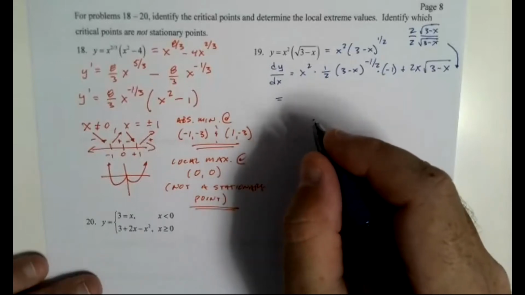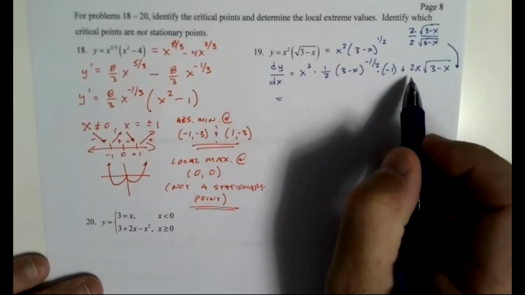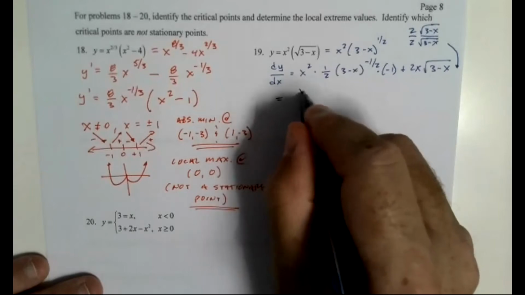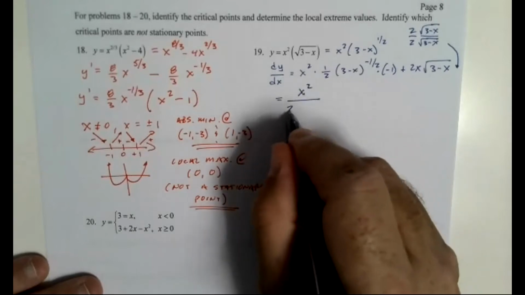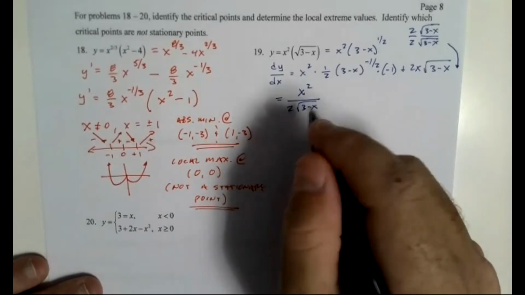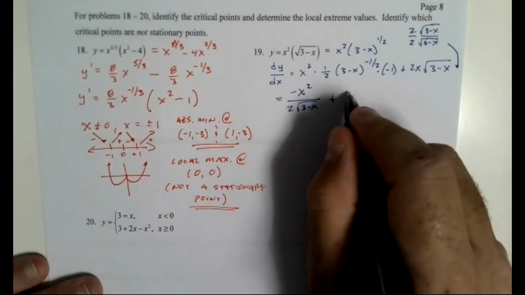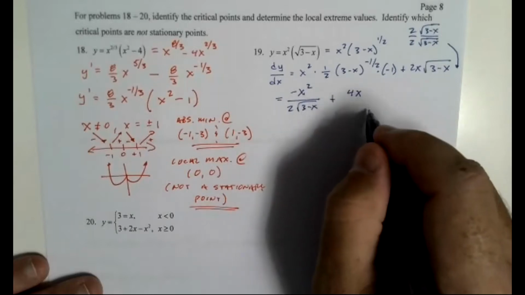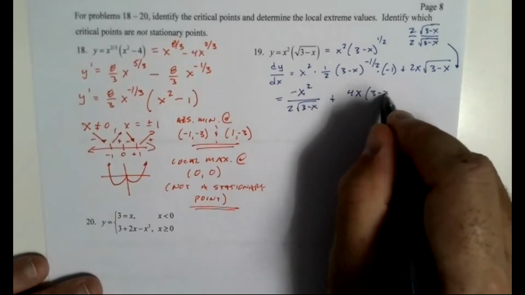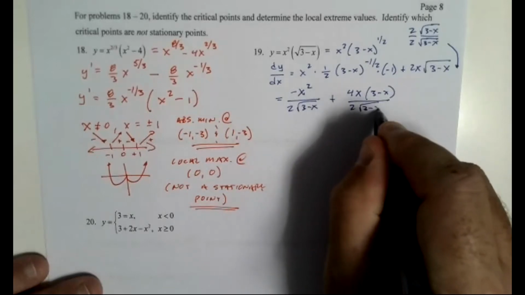Okay, x squared. I guess I can factor out, I'll do that in a second. x squared over 2 square root of 3 minus x, negative x squared, plus 4x(3 minus x) over 2 square root of 3 minus x.